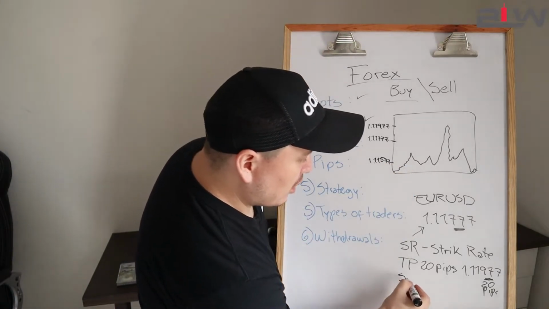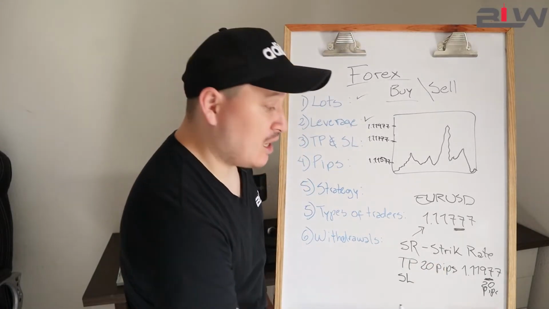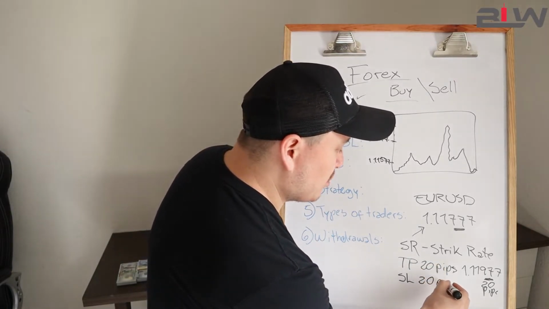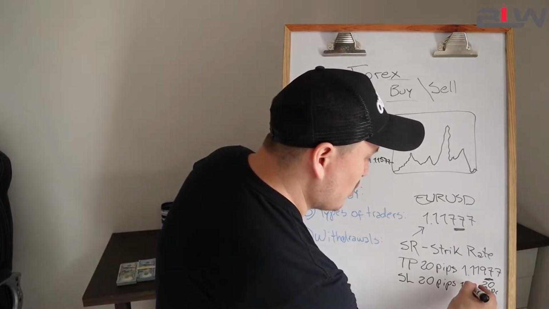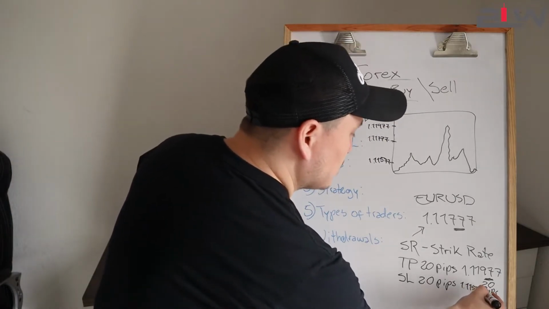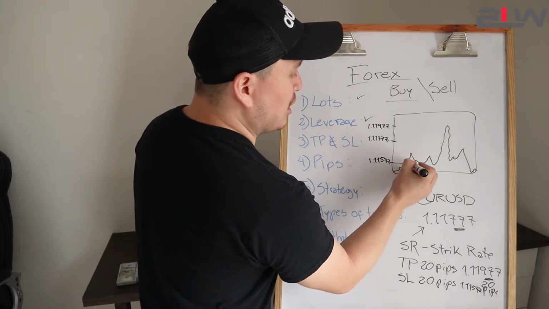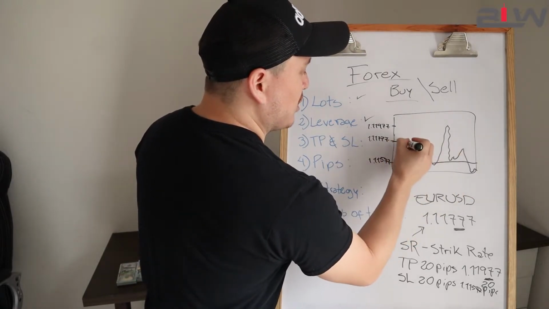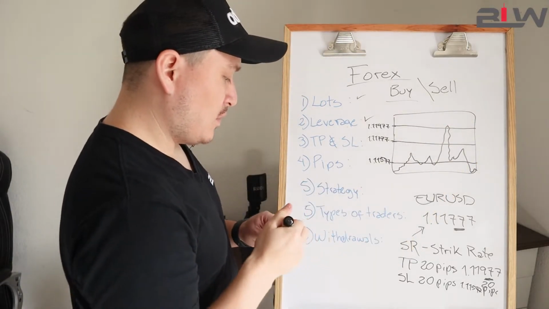So the stop loss could be 20 pips as well. You decide what the amount is. So if it's 20 pips, it would be 111.57, right? So that means that the price starts right here. It starts right here actually. And this is the take profit and the stop loss.